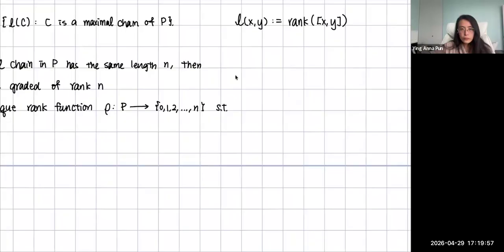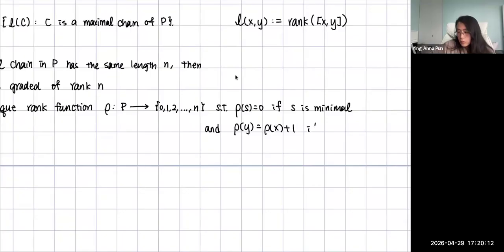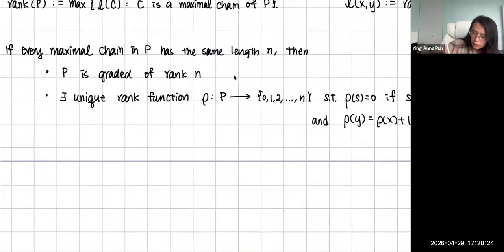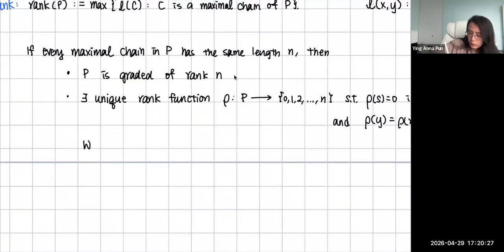We call it a rank function, such that rho of S equals 0 if S is minimal, and rho of Y equals rho of X plus 1 if Y is covering X in P. And we usually say S has rank i.